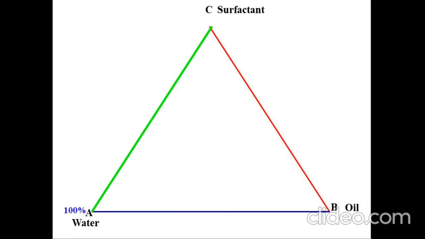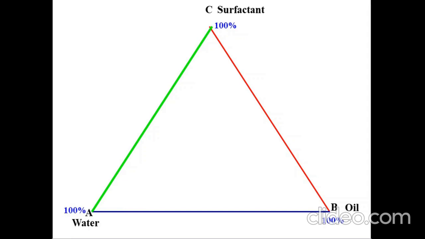That means A represents 100% of water, B represents 100% of oil, and C represents 100% of surfactant. Right?